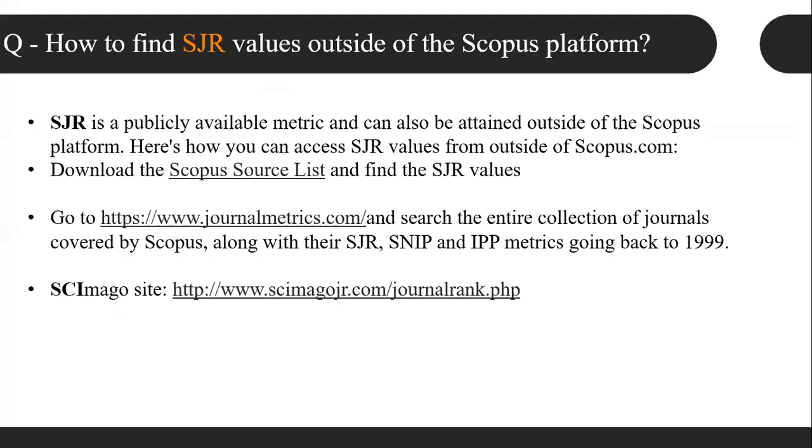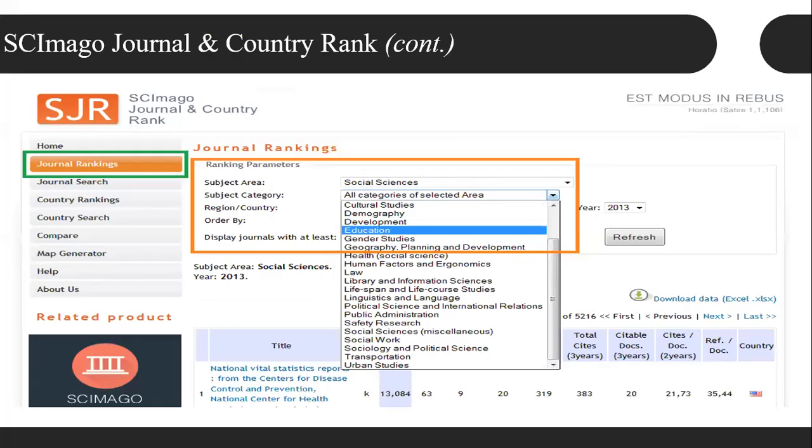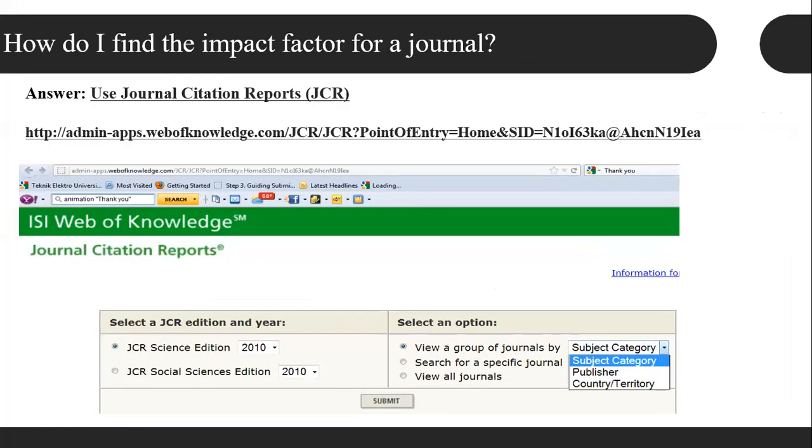This metric can help you find journals outside the Scopus platform and the list of highly indexed SJR values. Along with this, you have SJR, SNIP, and IPP metrics available since 1999. Here you can pick the journal ranking, and if you are looking for education or gender studies, it will pick the most convenient one for you.